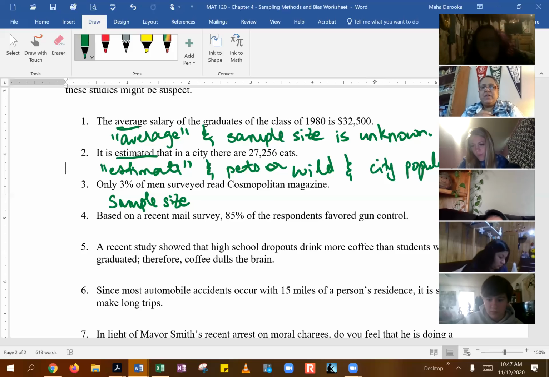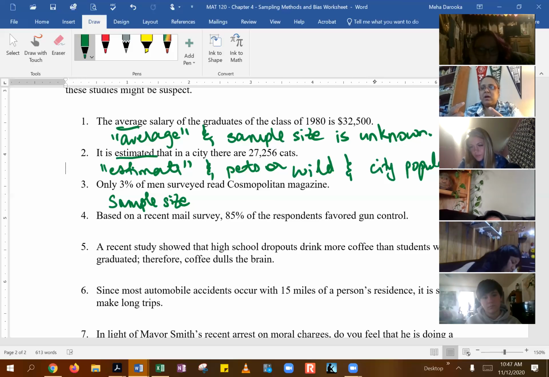Yeah, because what I am kind of thinking is in terms of where did they actually conduct this survey? Because if they were at a place where mostly women are buying these magazines, you may have 1, 2 people coming and buying Cosmo who are men.